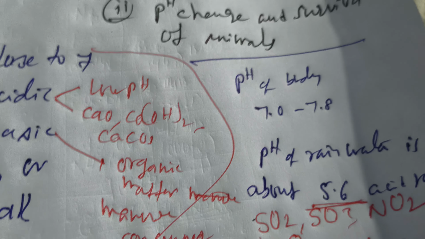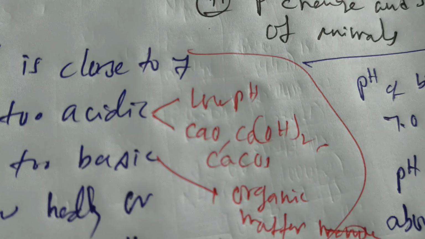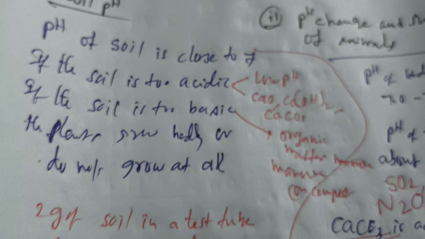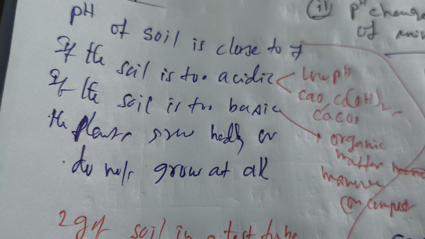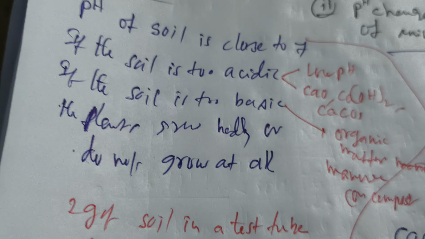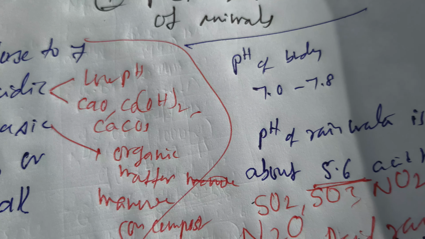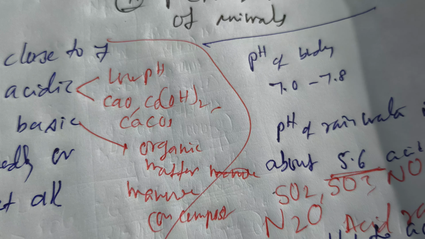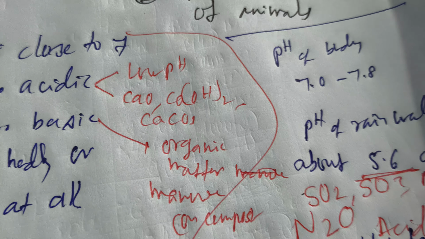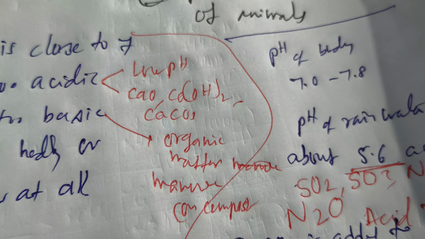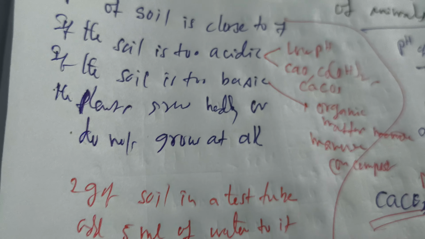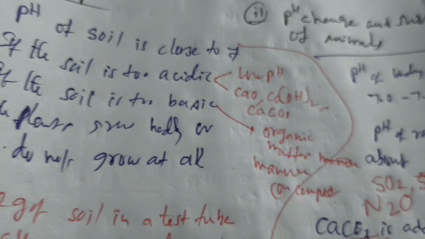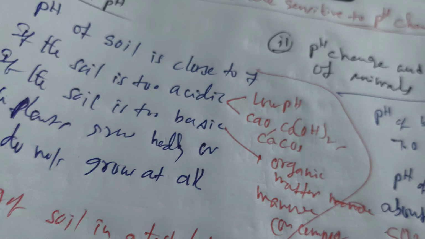So this is how plants and animals are sensitive to pH changes. Change in the pH of soil alters the growth of plants. Change in the pH of lake water or river water disturbs the survival of aquatic animal life. So we need to correct the pH.